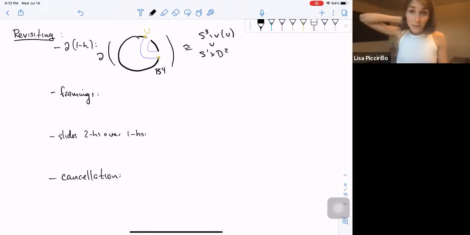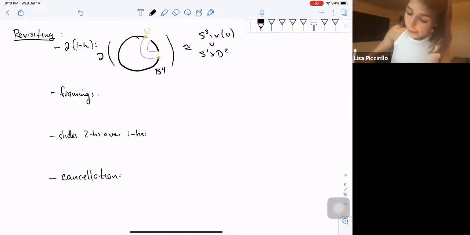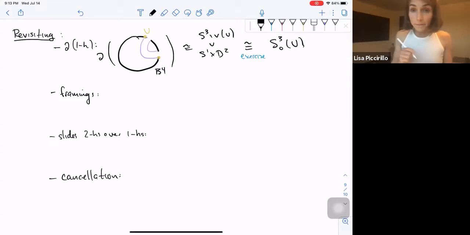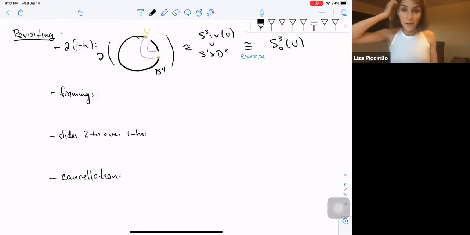Okay, so this is going to be some Dehn surgery again. And what Dehn surgery is it going to be? Well, let me give this to you as an exercise. I claim it's going to be the 0-framed Dehn surgery on the unknot. There's an easy way to do this exercise, which is to compare with the boundary of the 1 handles that I described much earlier in the talk.